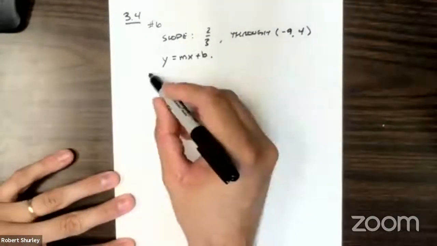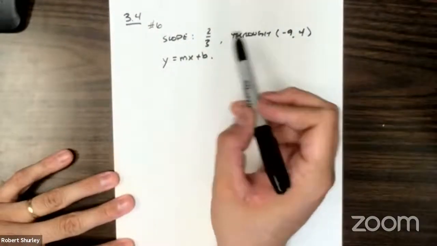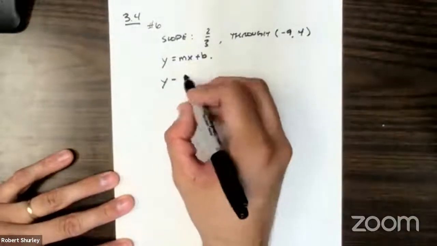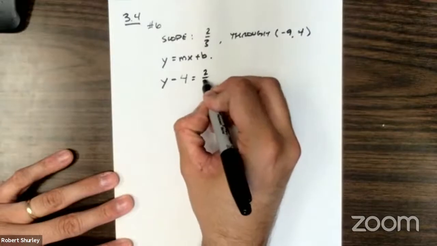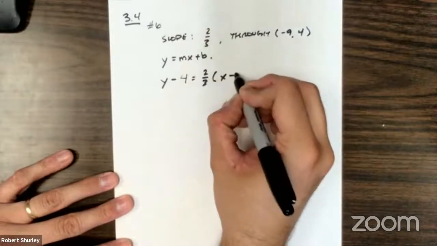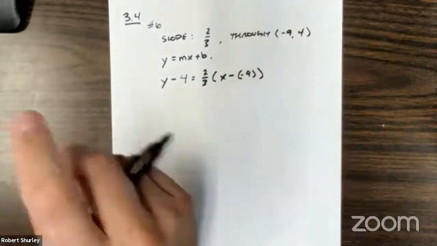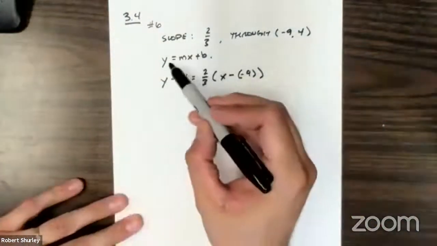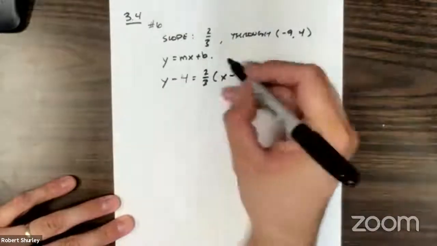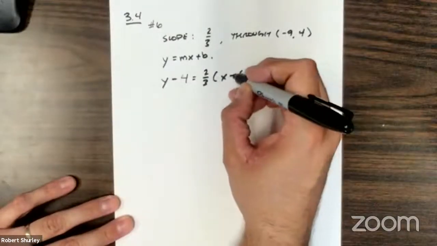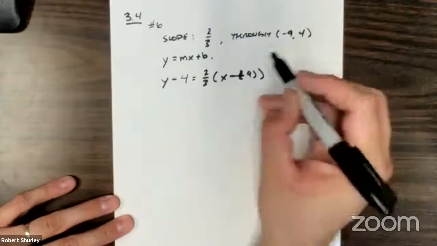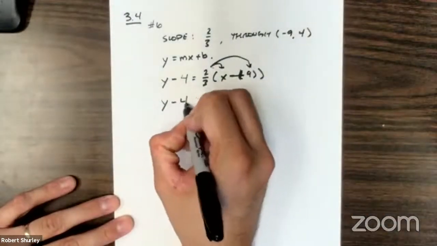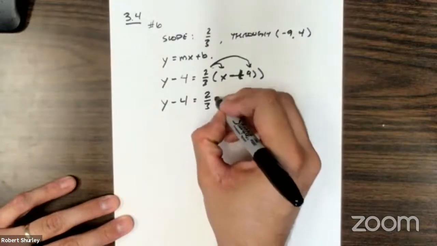Remember, if we want to get it in this form, if we're given a point and a slope, we need to put it in point-slope form first. So y minus 4 equals 2/3 times x minus negative 9, right? So we put it in point-slope form first, and then we solve it for y. To solve it for y, I'm going to do that lazy thing again and make that a plus, and distribute the 2/3. So I get y minus 4 equals 2/3 x.